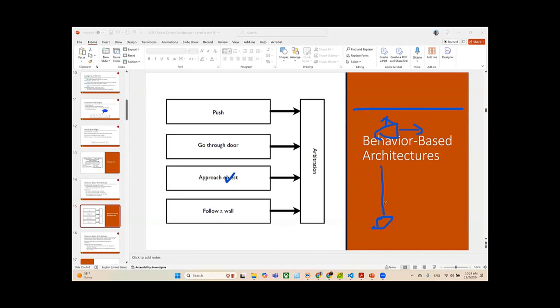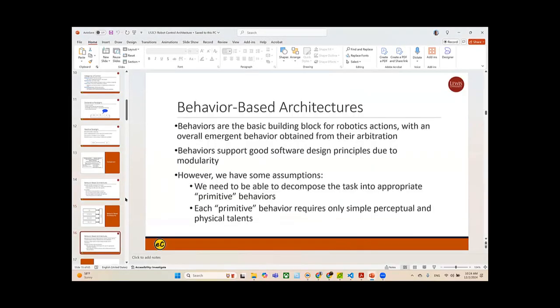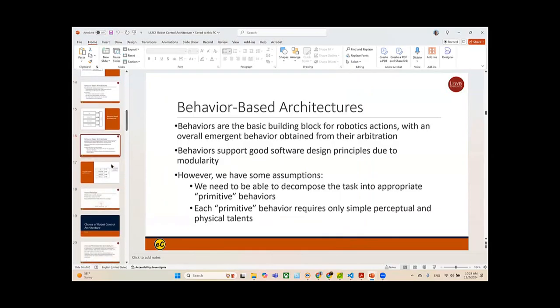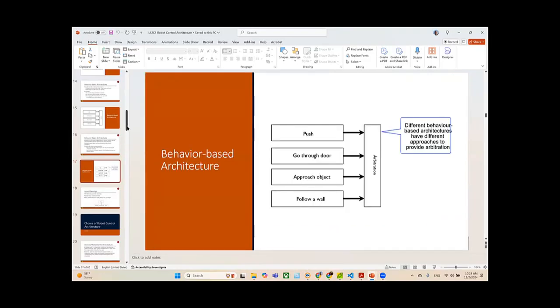But no matter whether you are approaching an object or following a wall, you update your computation for every option at the same time. Then your arbitrator, your controller, will pick one of them to do it. This is the so-called behavioral-based architecture.